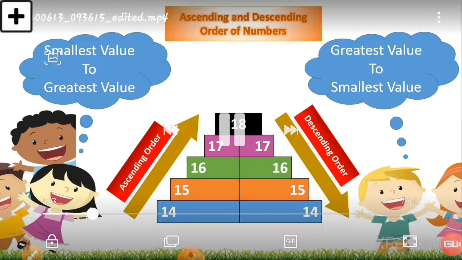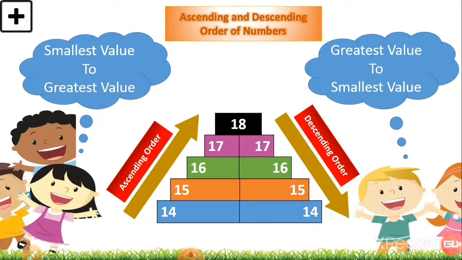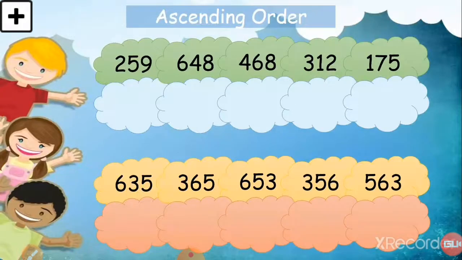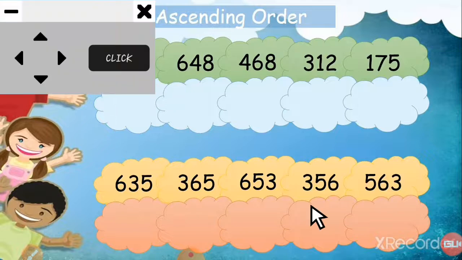Let's go further and take some examples, so we can understand it very easily by the examples, and then we can note it down in the book also. This is very easy. Now this is the example on your screen. First see how many numbers there are.